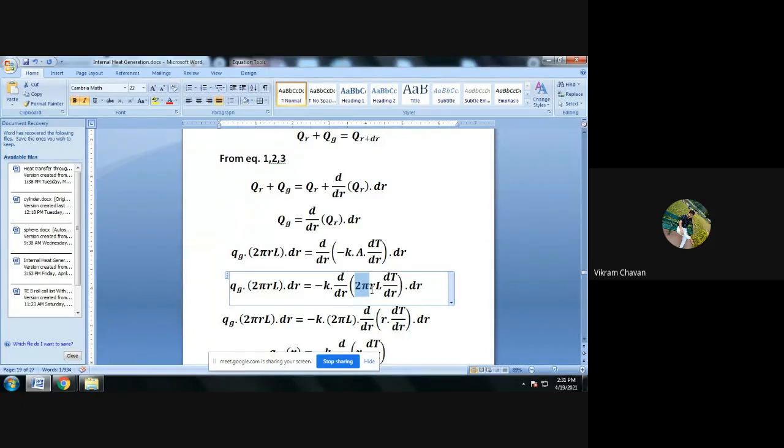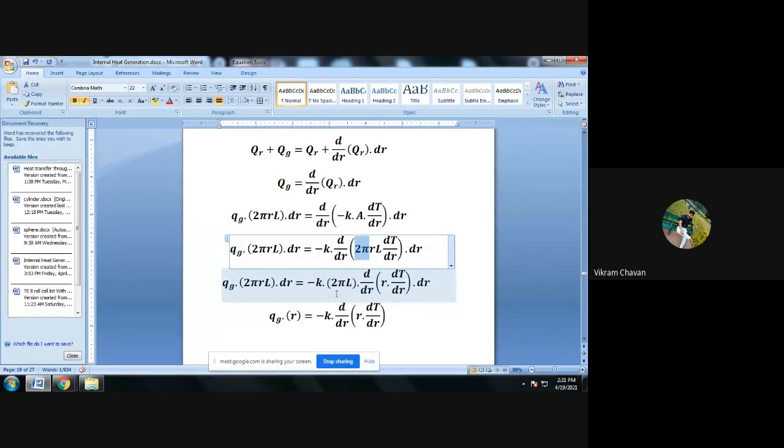But R we can't take out of the bracket because we are differentiating with respect to R, so R is not constant. So we keep R inside the bracket and take 2 pi L out of the bracket.